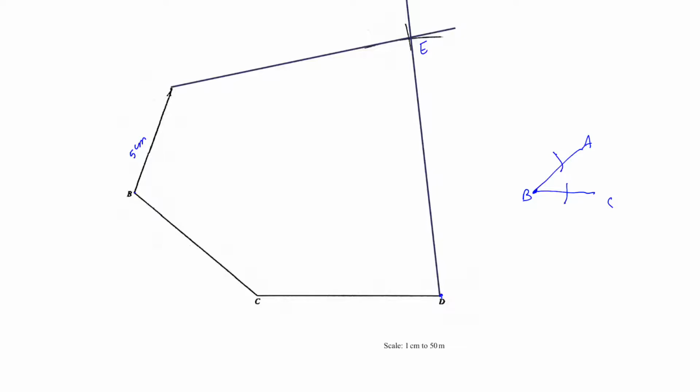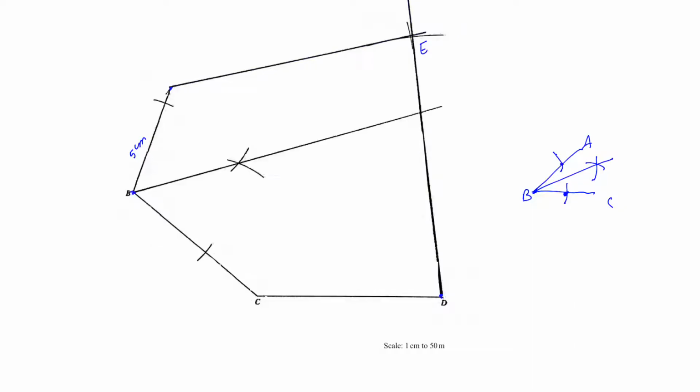Do not change the length of the compass. Then from this point, make an arc here, and from this point here, join the angle and the arc together. That is your angle bisector. So this is the way we constructed the angle bisector. We joined it. It divides the angle into two equal parts.